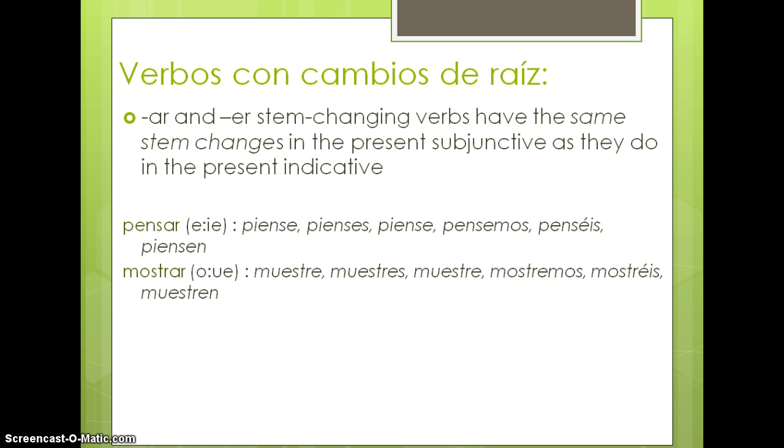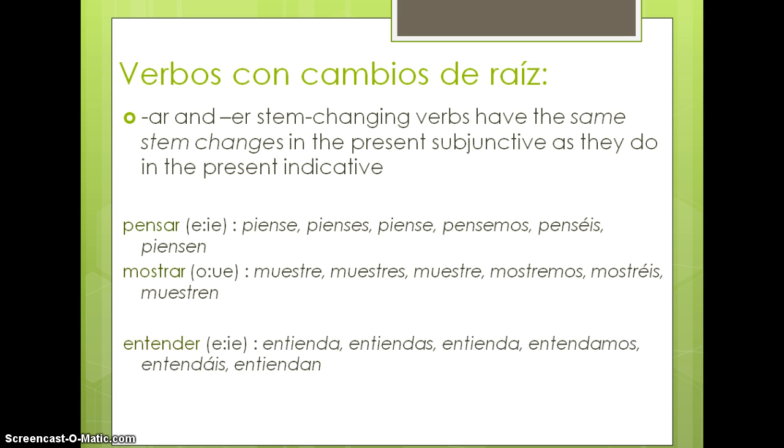And notice that they do go back in the nosotros and vosotros form, just like they do in the present indicative. The same with entender, que entienda, and volver, que vuelva. That is true for all AR and ER stem changing verbs.